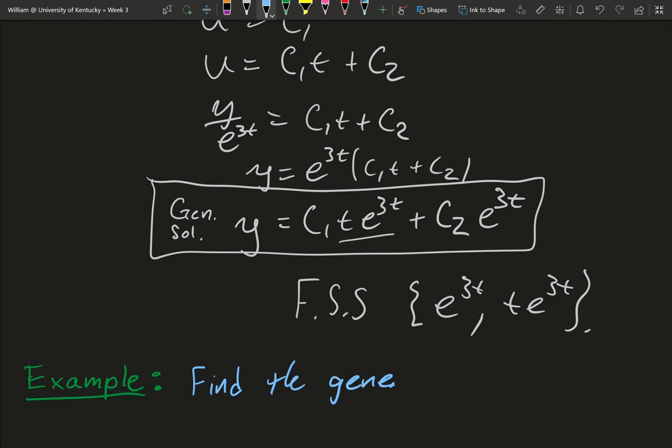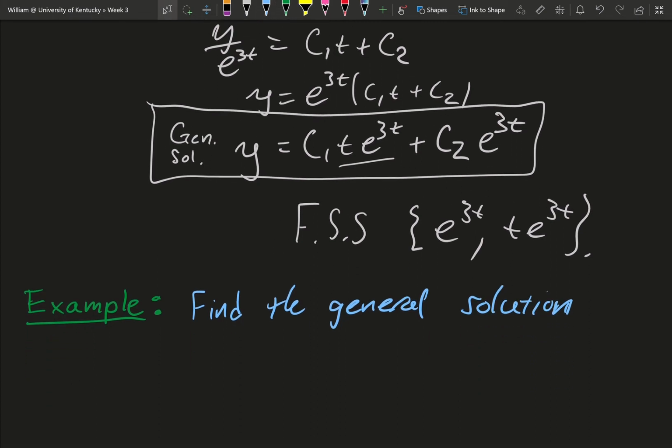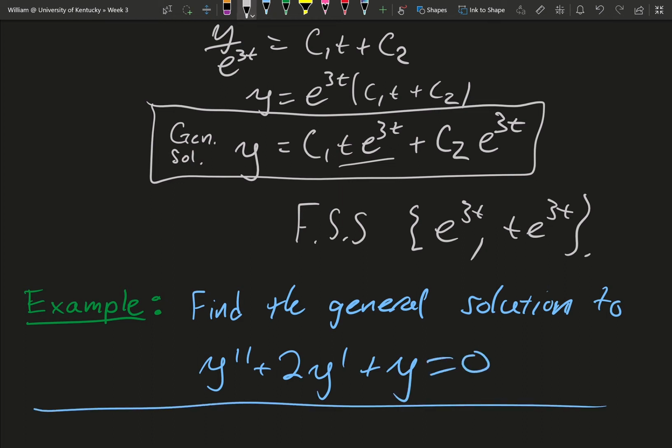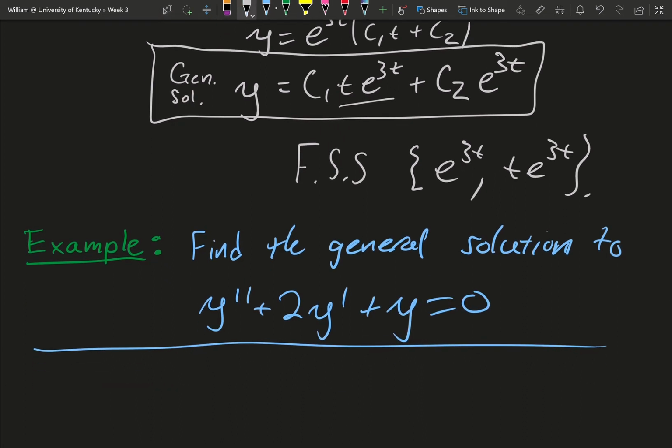So we're going to find the general solution to y double prime plus 2y prime plus y equals 0. So we get r squared plus 2r plus 1 equals 0.